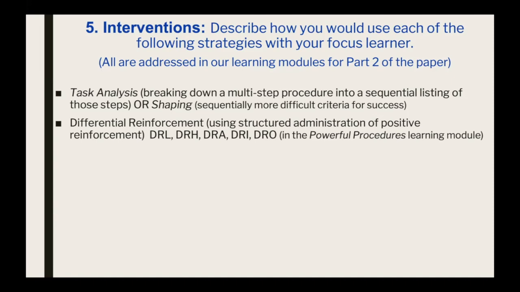Many of you will be trying to decrease the number of times the student shows the behavior. That's differential reinforcement of lower rates of the behavior. Others of you have a student who's showing the appropriate behavior, but we'd like to see it more so. Well, we're going to differentially reinforce higher levels of that behavior, and you'll study the other ones in the Powerful Procedures learning module.